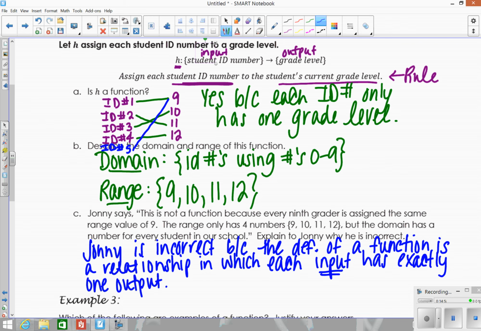So it's okay for an output to have multiple things coming to it. It's just we have to have each input only going to one thing.